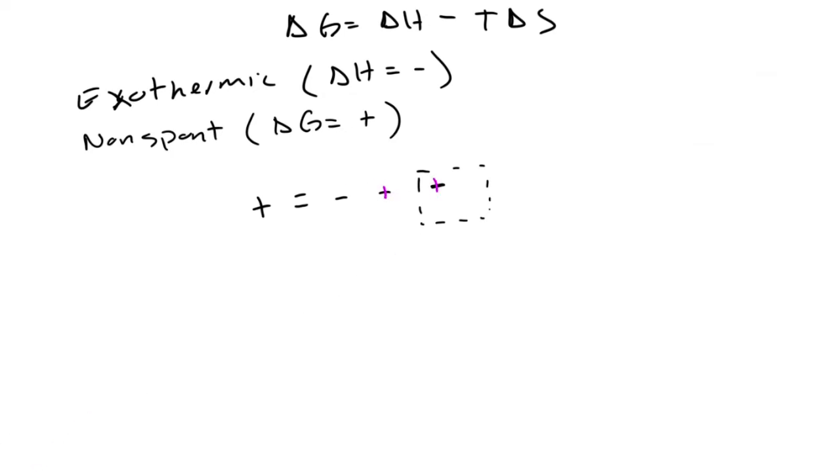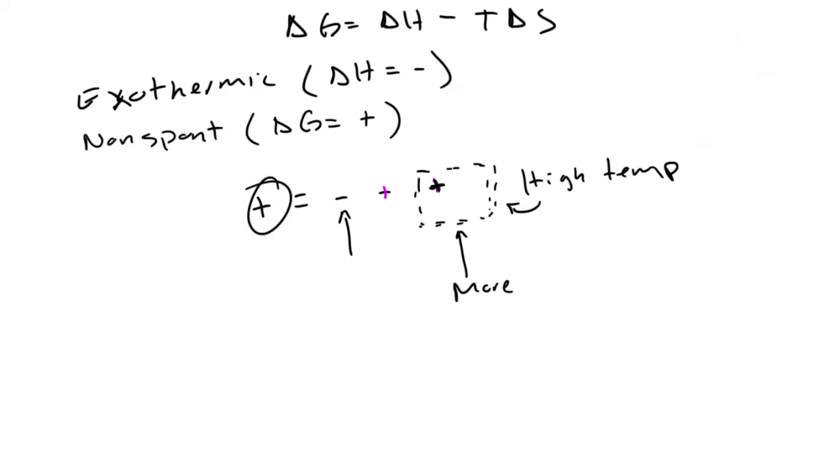Then, if the temperature is very high, well, if this temperature is very high, this is going to be more than this, right? If this number is very high, it's going to cause this one to be the greater one, and it will outweigh that one. And so at a high temperature, this would be non-spontaneous.